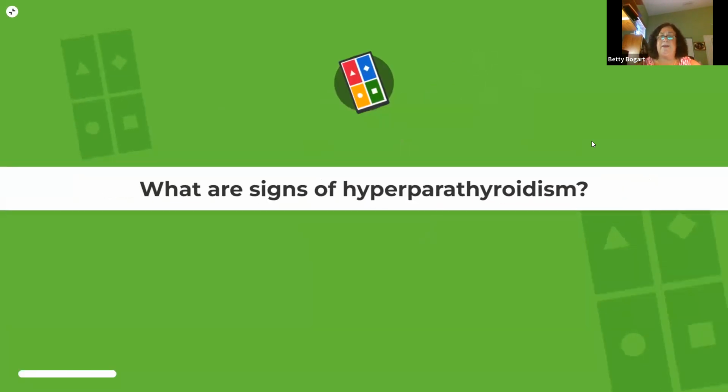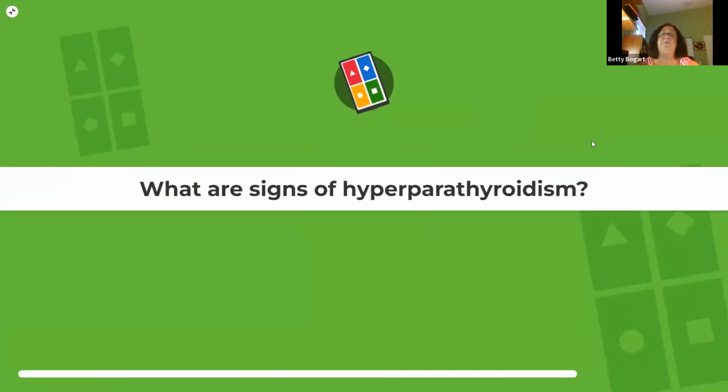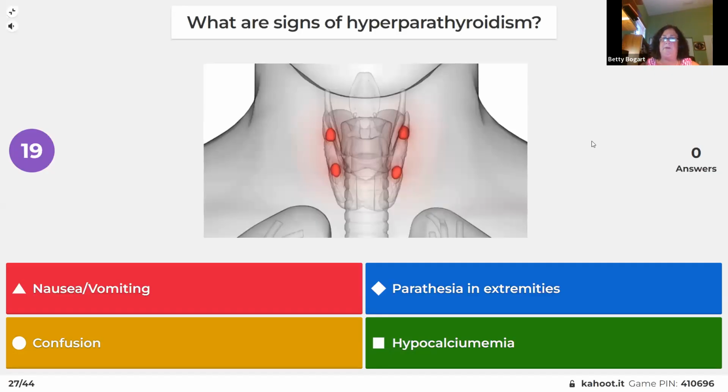A multi-select. What are signs of hyperparathyroidism? Now, you think of parathyroid, it's not thyroid hormones. It doesn't regulate anything like that. When you talk about the parathyroid, you're talking about the regulation of calcium in the body.